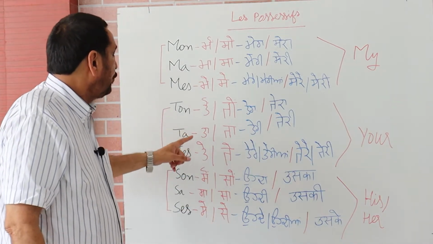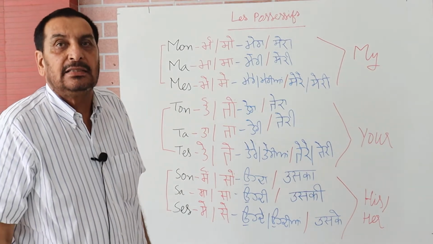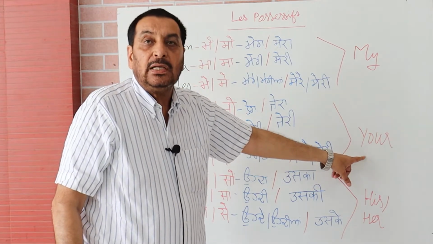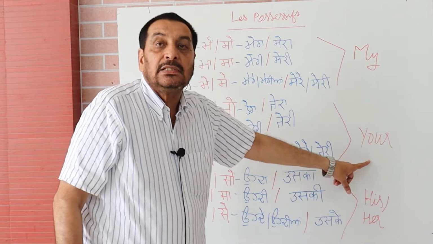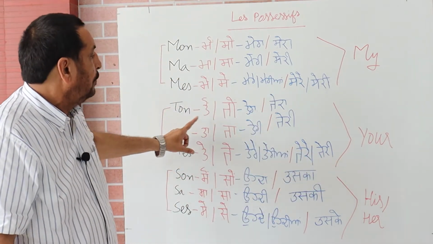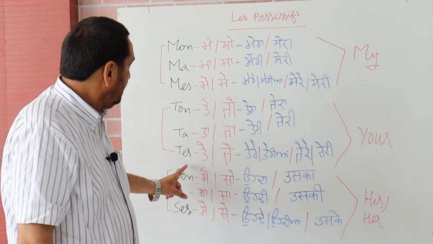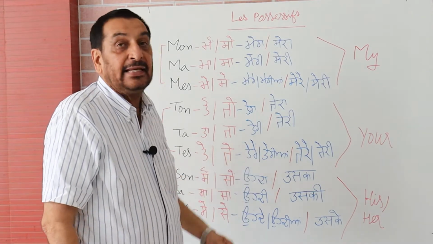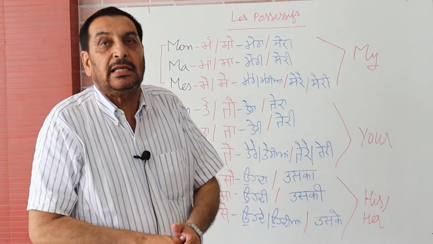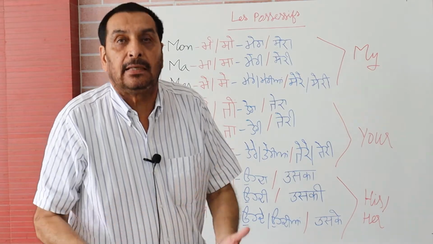Same method for to, ta, te. To means your, ta means your, te means your. It is to, tera, ta, teri, te, tere, teriyan. Like in Hindi we say teri kapiyan, tere pen.